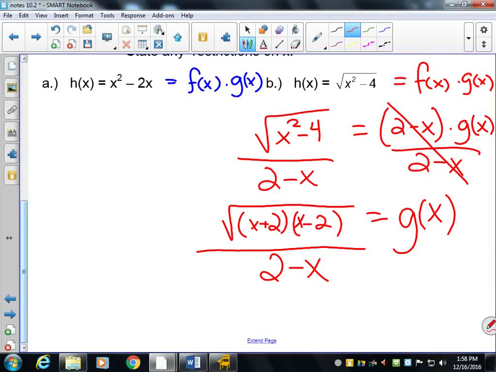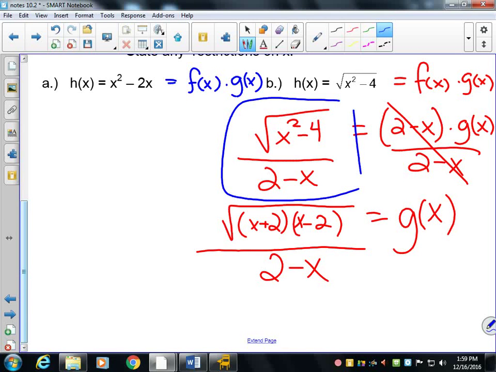So sometimes you think that, oh, I should be able to simplify more, but you can't. So, yeah? What I'm saying is, this is the final answer, right? Because even if you do the difference of squares, you can't cross anything out, so this is it.